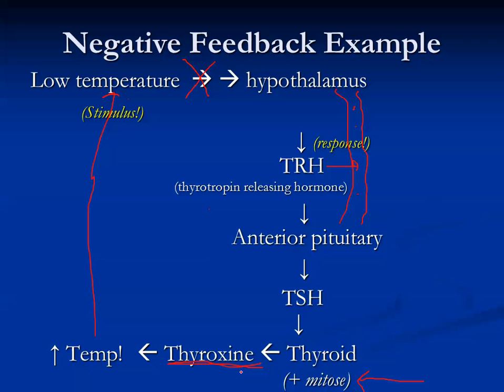So this is an example of a negative feedback loop, and you can see how it's very effective in keeping thyroxine at very specific levels in your blood. Negative feedback loops keep glucose levels at very specific concentrations in your blood, etc., etc.